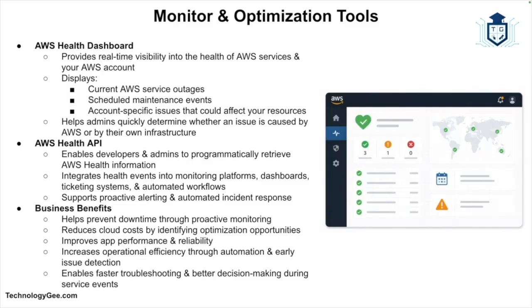Then you have the AWS Health Dashboard, which shows you service outages, scheduled maintenance, and account-specific issues. You also have the AWS Health API, which is for advanced users and allows you to integrate health data into your own monitoring systems. In IT environments, these tools are critical for preventing downtime, reducing costs, and improving performance.